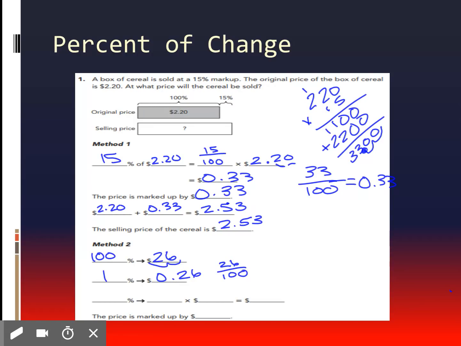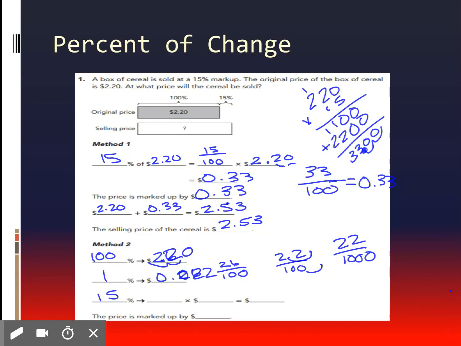So now to find what 15% is, this should have been $2.20. I was doing the last problem. So 1% would be 0.022 or 2.2 over 100. My apologies. So in this case, we're going to keep that as a fraction. We move our decimal over. So we would get 22 over 1,000.